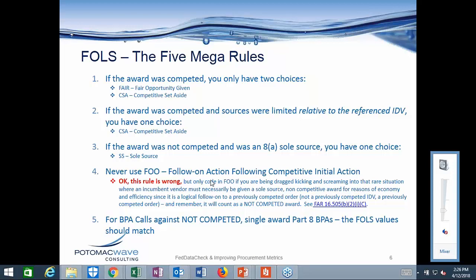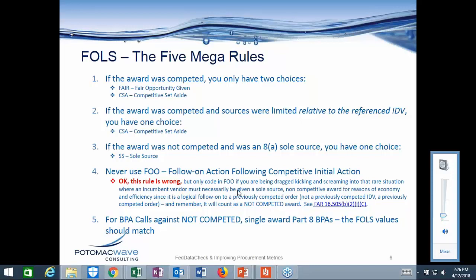All right, fourth rule, never use FOO, follow-on action following competitive initial action. Never use it. Forget you ever saw it. Okay, that's not true. But this is the one that really fouls people up, and we're going to look at some examples where it actually was the appropriate thing to do.